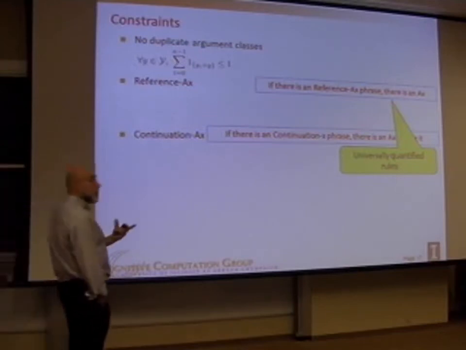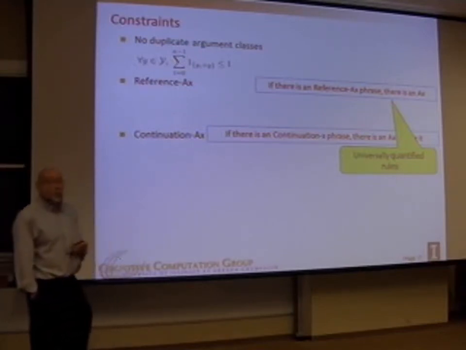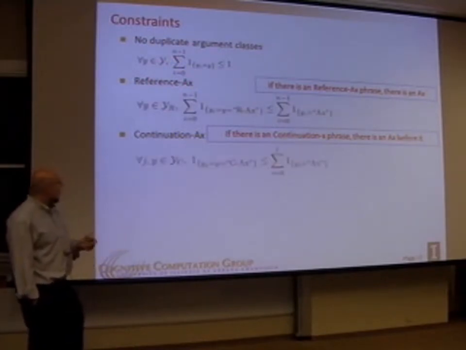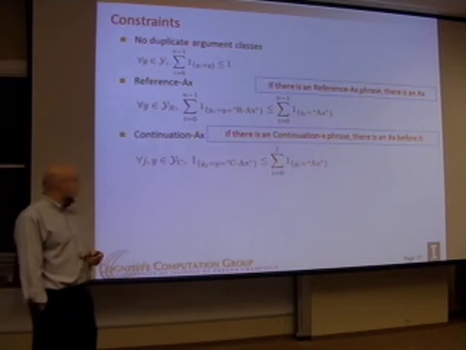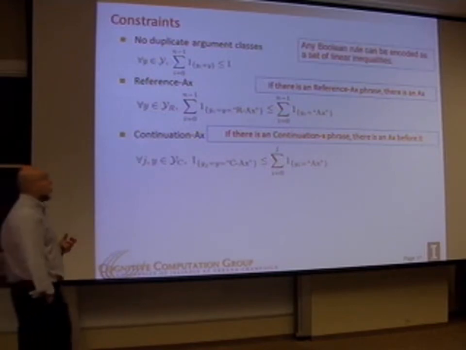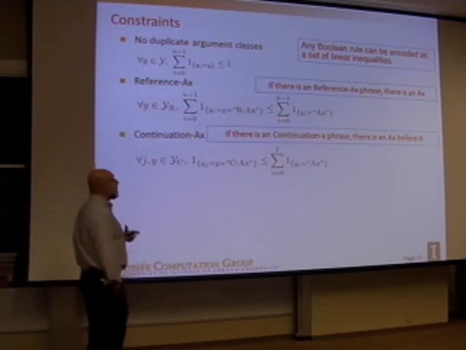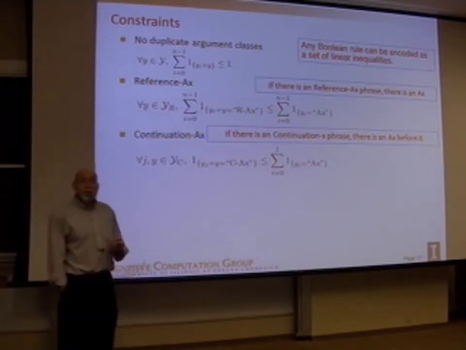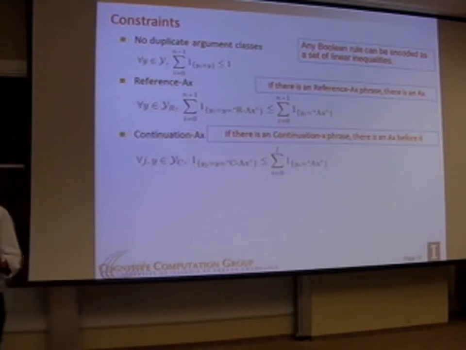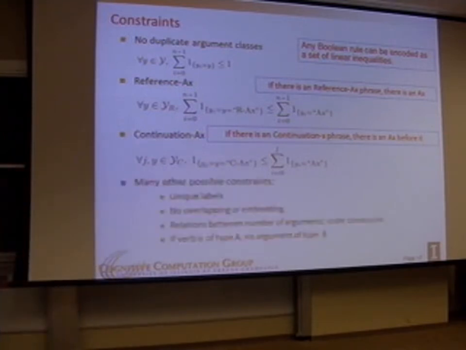They're not propositional like the features that you're used to seeing. And again, I can translate each one of these into a linear inequality. It's not that difficult to do. The key observation that is known for many, many years is that any Boolean rules actually can be encoded as a collection of linear inequalities. So it's a very, very expressive language. You can do essentially whatever you want here.